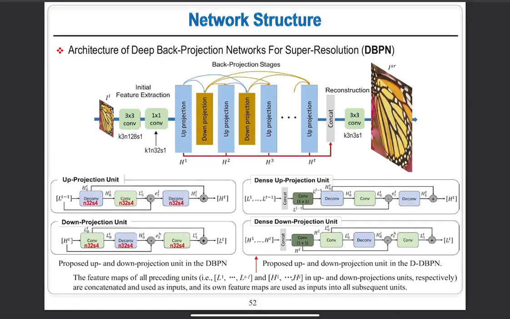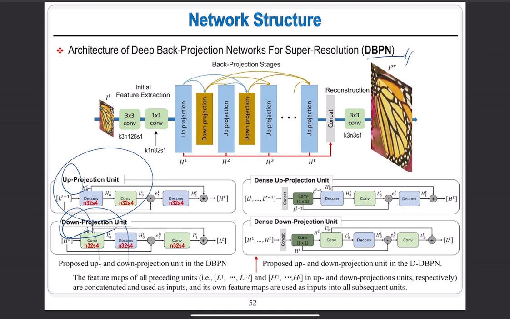Here, we can look at the core components of DBPN, the up and down projection process. Each up projection unit maps the error features to HR space, while the down projection unit maps it back.